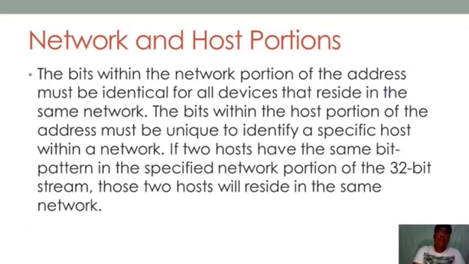Network and host portions. The bits within the network portion of the address must be identical for all devices that reside in the same network. The bits within the host portion of the address must be unique and identify a specific host within a network.